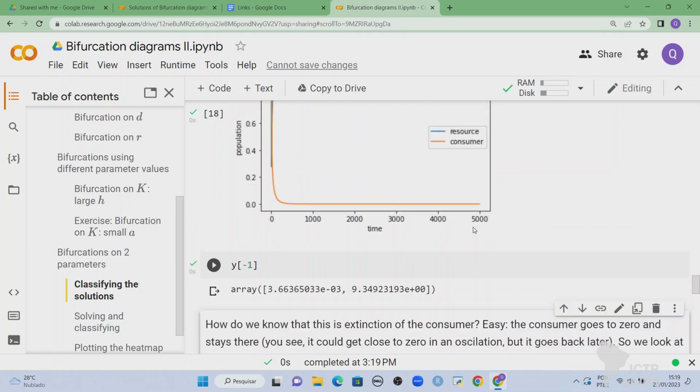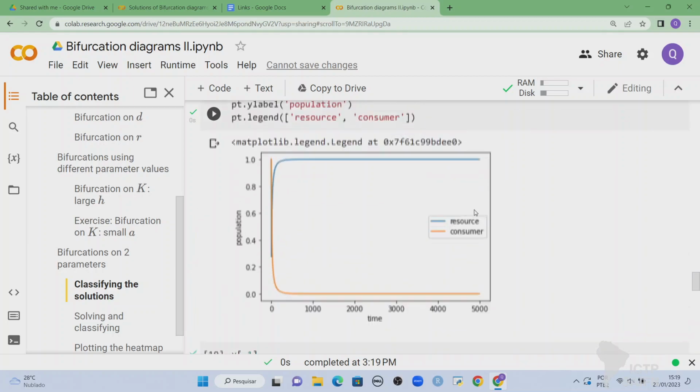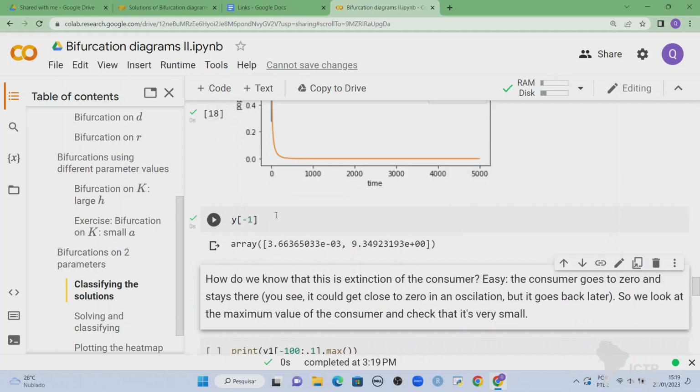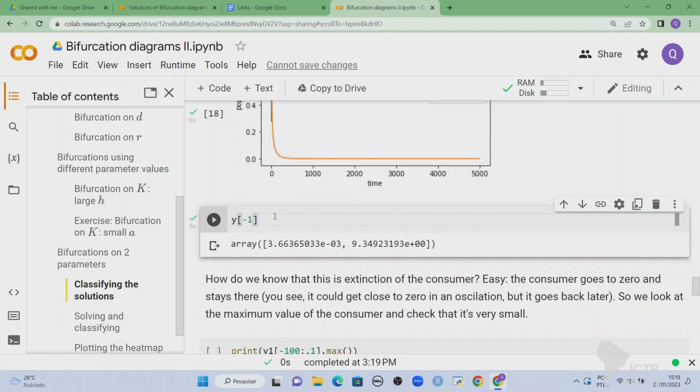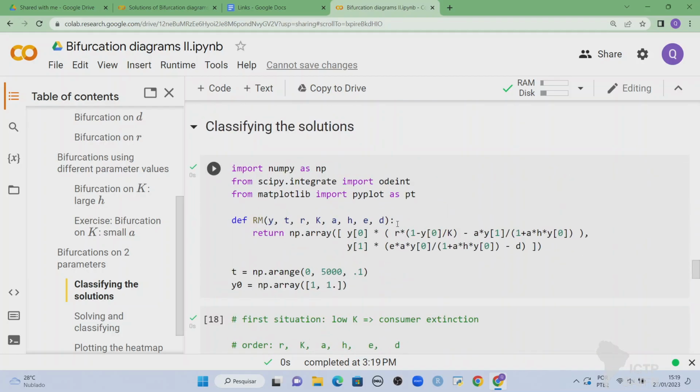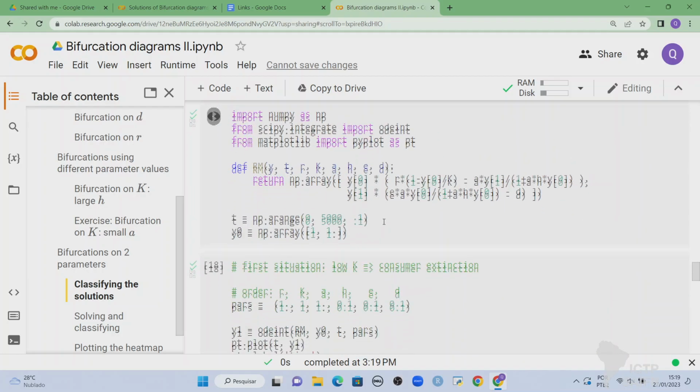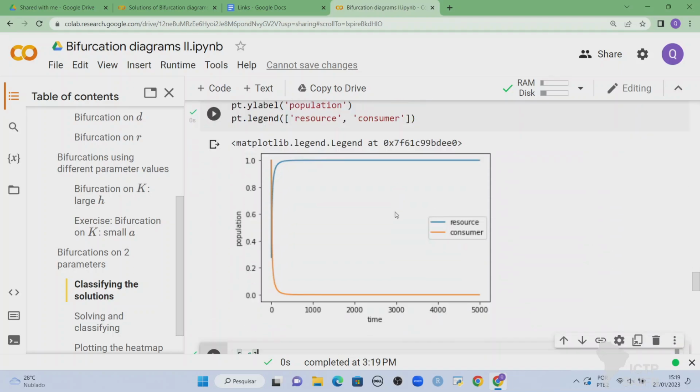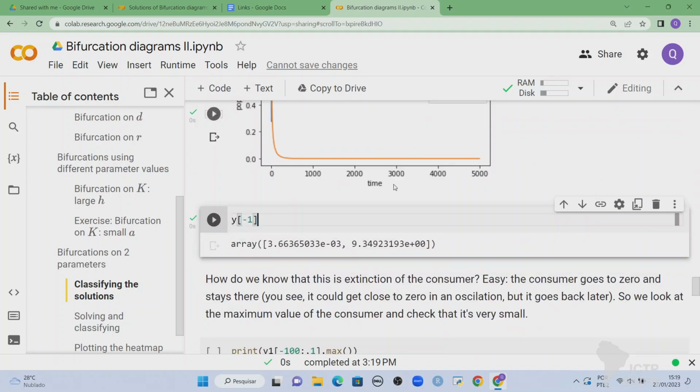Oh, this is weird. It's inverted. It's consumer resource and not resource consumer. Oh, what did I do here? Now I'm confused.